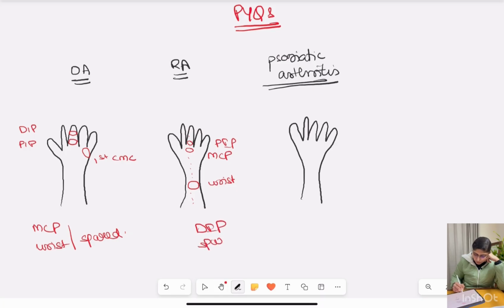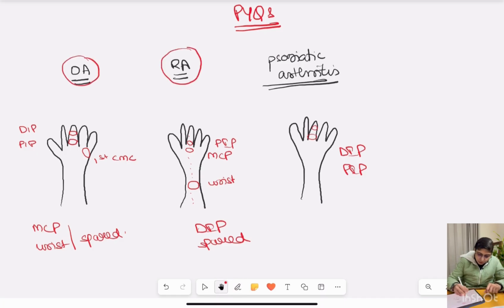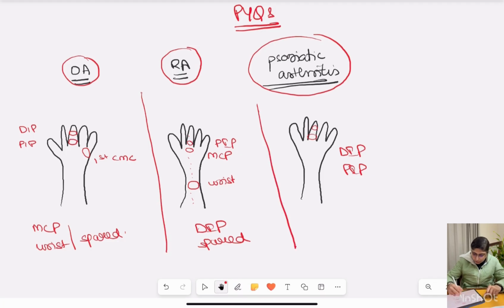DIP joints are spared. In psoriatic arthritis, DIP and PIP both are involved. Because nails are involved, so please remember in psoriasis nails are involved. And what is the joint near the nails? It is the DIP. So we have this involvement of joints in osteoarthritis, rheumatoid arthritis and psoriatic arthritis. Please remember this.